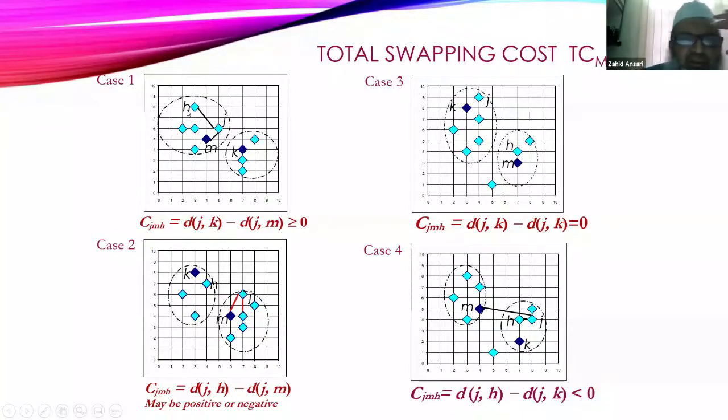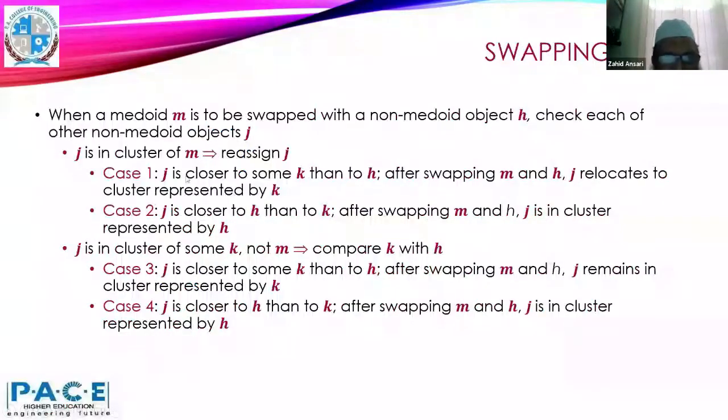This non-medoid object H we want to swap with the medoid M. Then for all other objects, we need to see: if the object J is in the same cluster as M, this is one scenario. In that case, what is the first case? The first case is that J is closer to some K than to H.